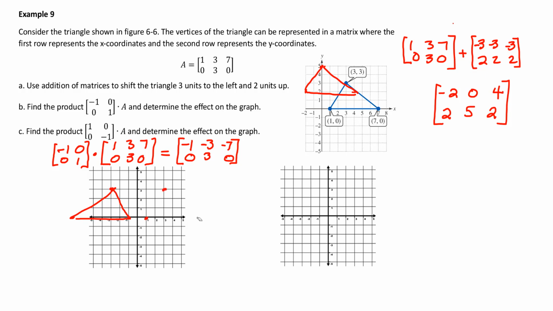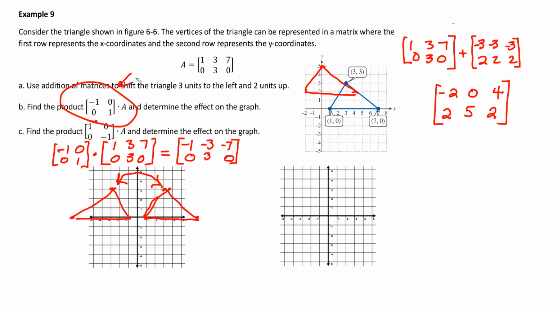We don't have the 7, but anyway, the original triangle was here. So the question is, what did we just do by multiplying it by this matrix? We flipped it across the y-axis. We reflected it across the y-axis by multiplying by that matrix.